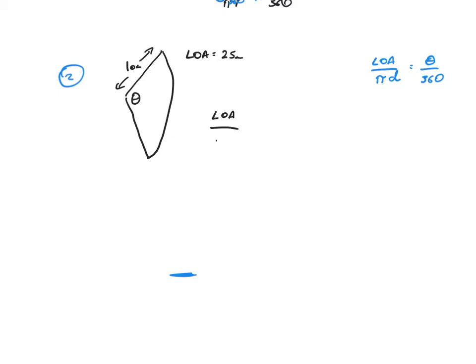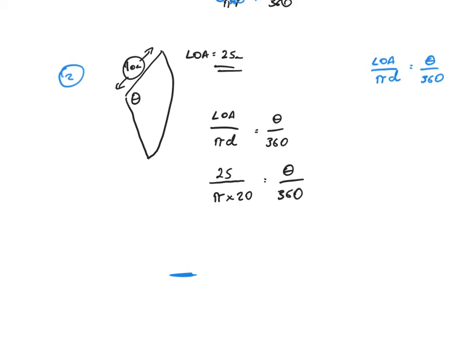And remember the target this time is to find the angle at the centre, which is theta. So that's 25 over pi times the diameter. Where's the 25 coming from? Well, that's the length of arc up top. So pi times the diameter, well, the radius is 10, the diameter will be 20, is equal to theta over 360.